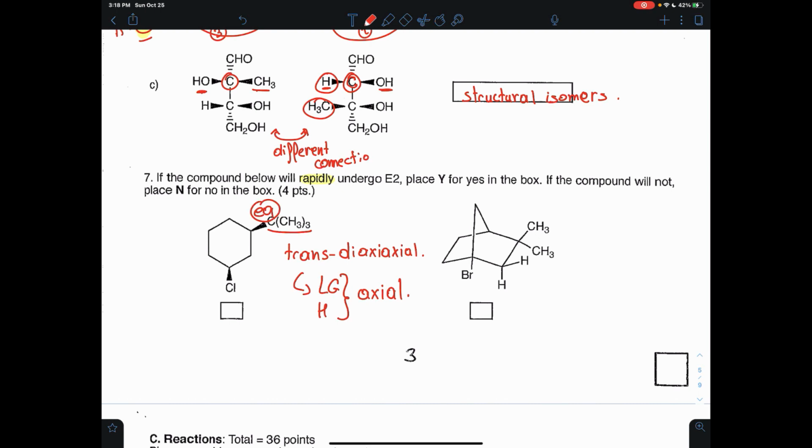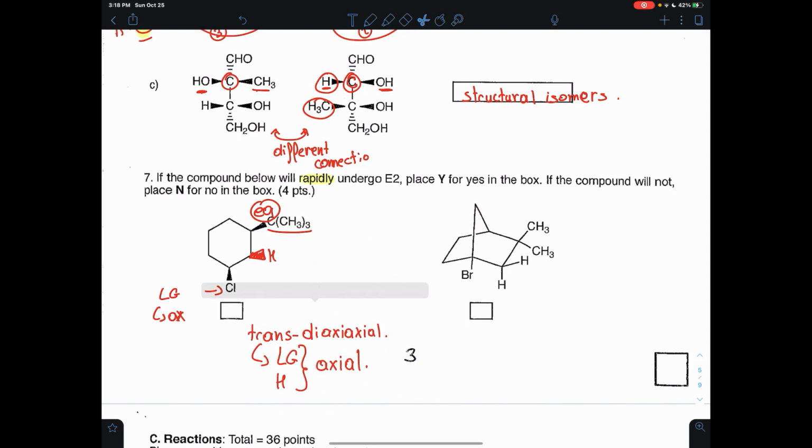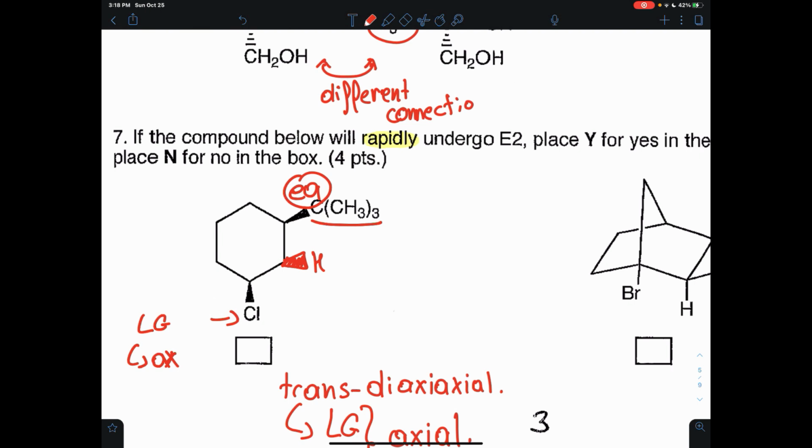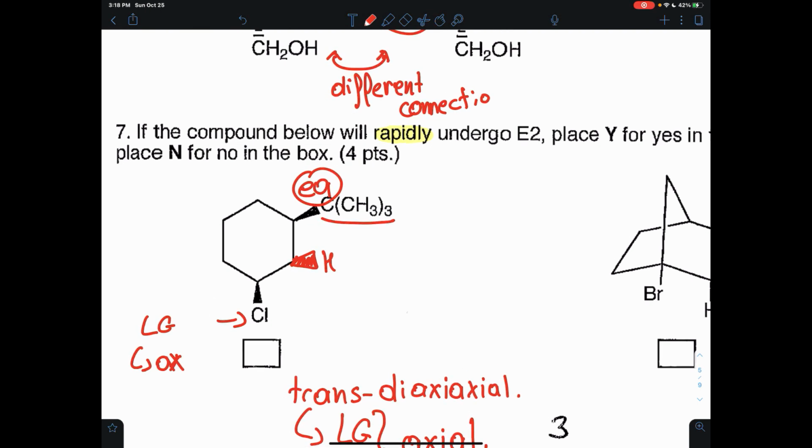Instead of drawing out this chair conformation, there's a quicker way that I went over in my workshop. What you do is you draw all the wedges across, so this is my leaving group, right? So I want this leaving group to be axial. So if I look here, when you're moving from wedge to wedge across a cyclohexane, you see this one is equatorial.